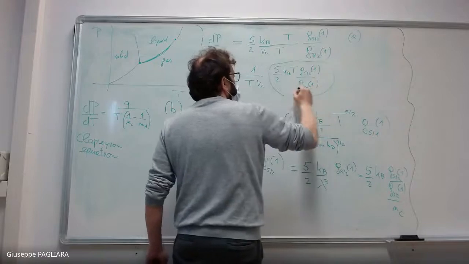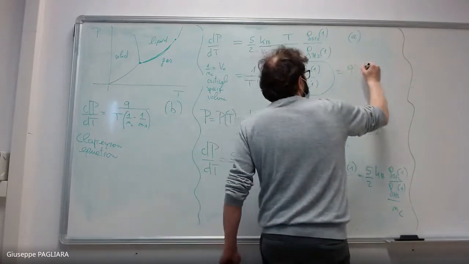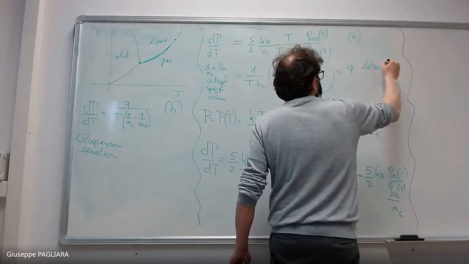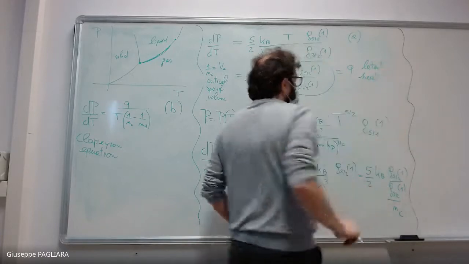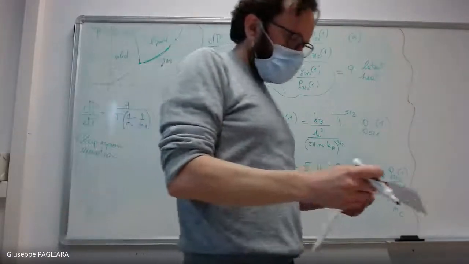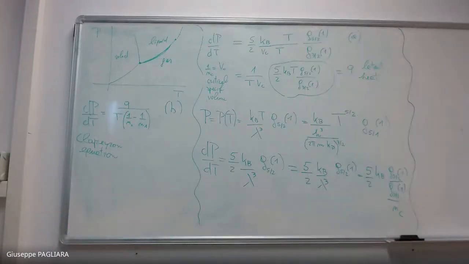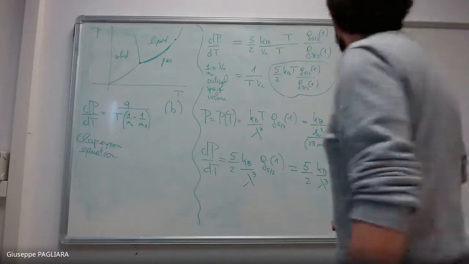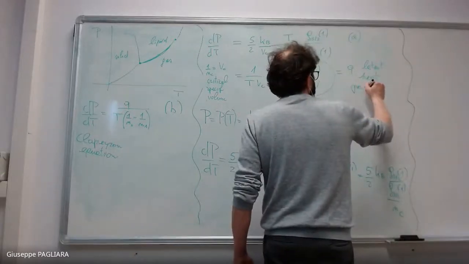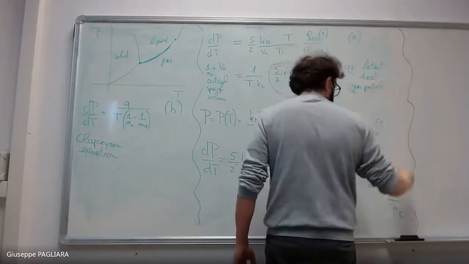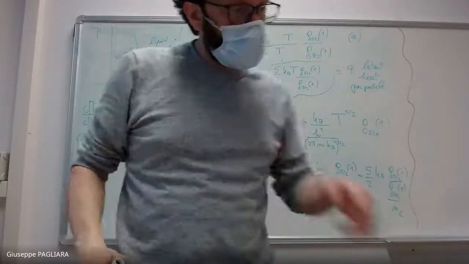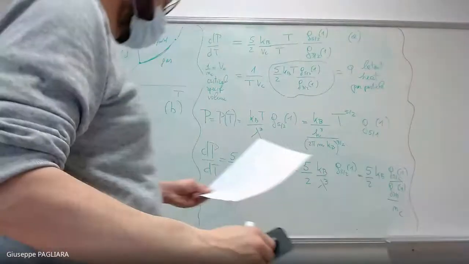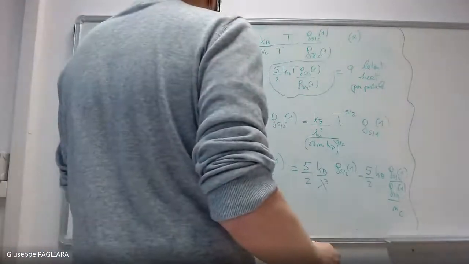Now this quantity here, let's call it Q, is the latent heat. This was the latent heat per particle, which is associated with the Bose-Einstein condensation. 5/2 k_B T. Yeah.